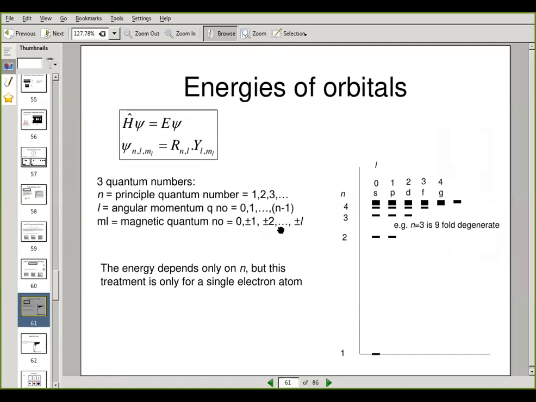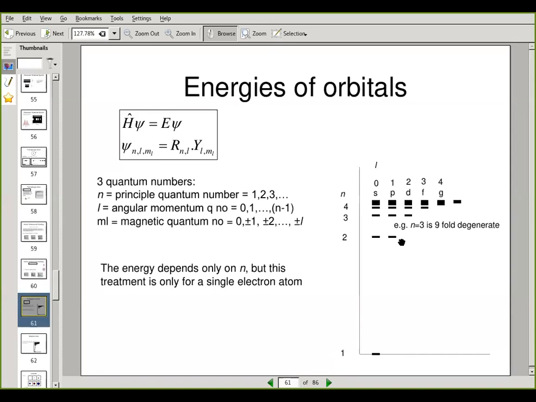But of course, it leads to degeneracy. So you'll see that if you're at energy level number 2, you end up with wave functions that have exactly the same energy. So your 2s and your 2p have exactly the same energy. So it's fourfold degenerate. At level 3, you've got s, p and d that all have exactly the same energy.